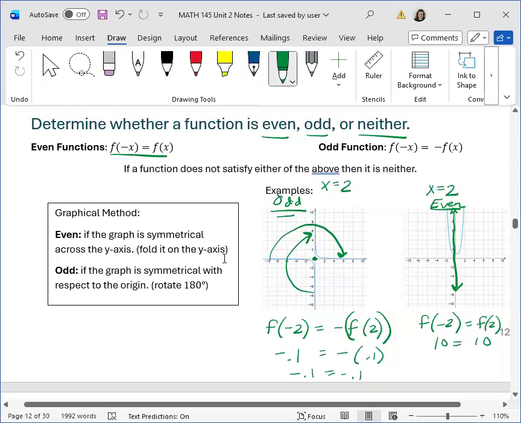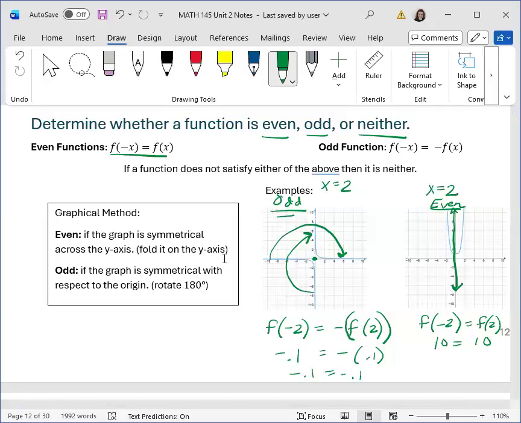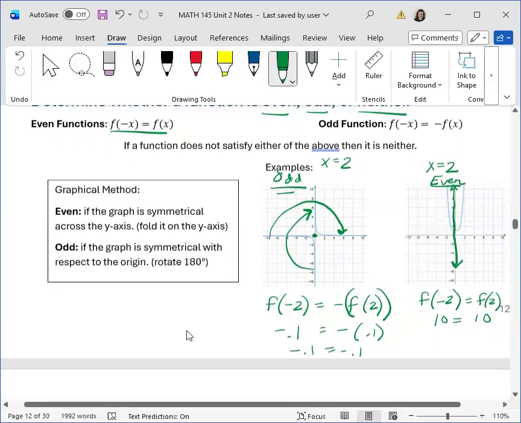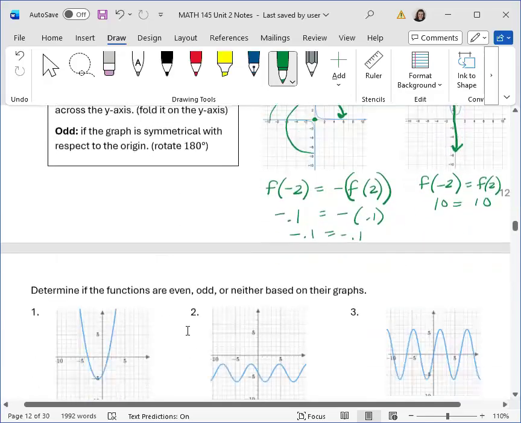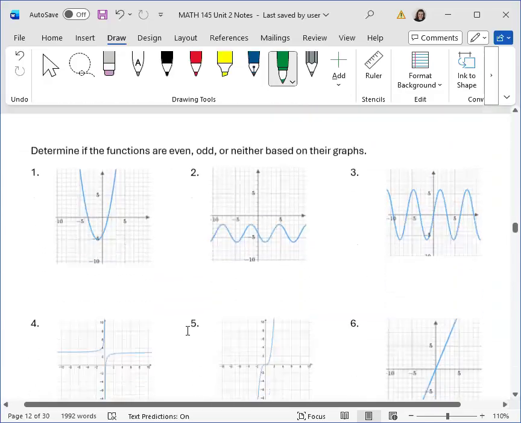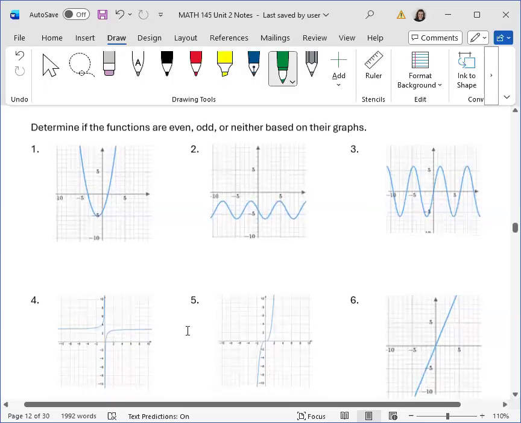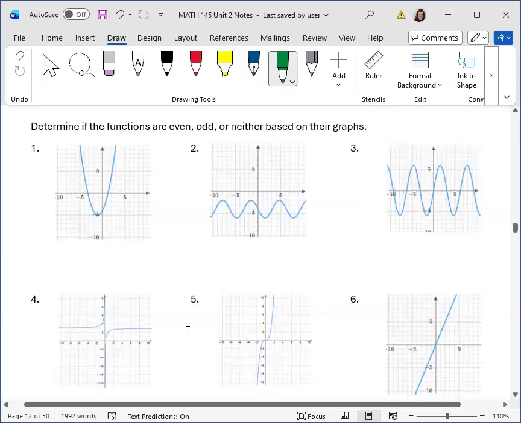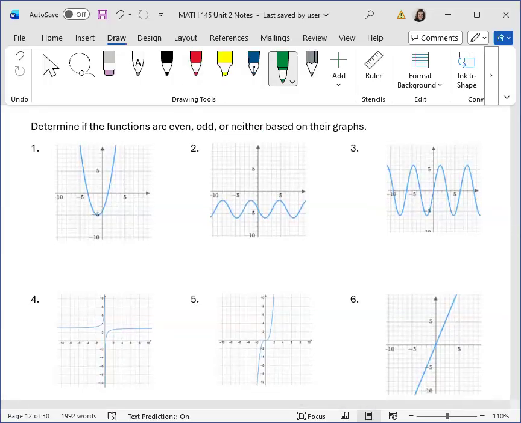Okay, so some people find it easier to use the definitions. Some people find it easier to do the visual representation. So whichever way you feel is more comfortable for you is fine. Okay, so for this first one, I'm going to use the visual representations. If I were to fold the graph right here on the y-axis, notice that the left side is not going to match up to the right side.